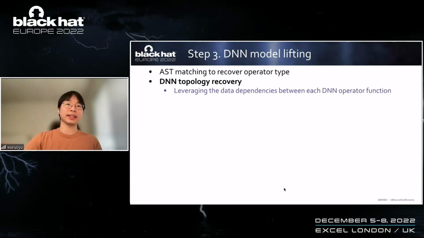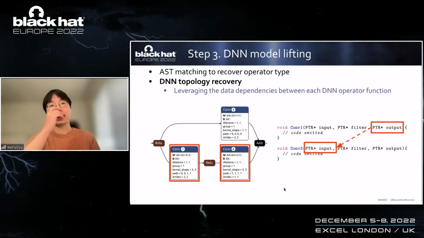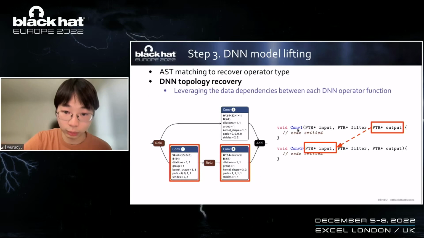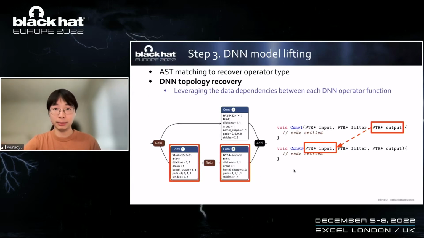After we decide the operator type of a binary function, we then recover the DNN topology by leveraging data dependencies between the DNN operator functions. For instance, we can identify that the input of convolution 3 and the output of convolution 1 point to the same memory address, so we know there's an edge from convolution 1 to convolution 3.